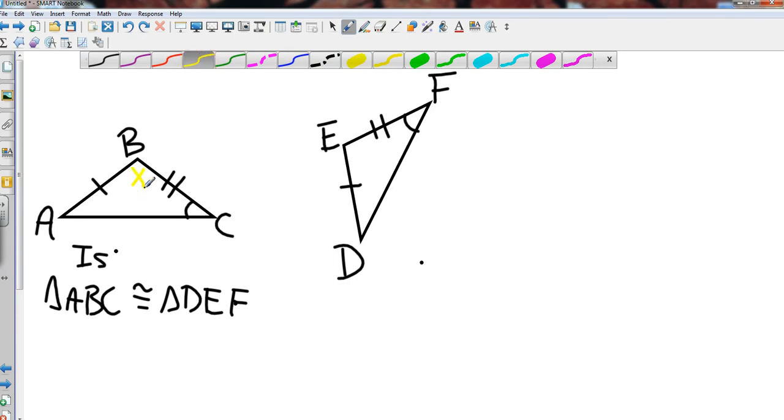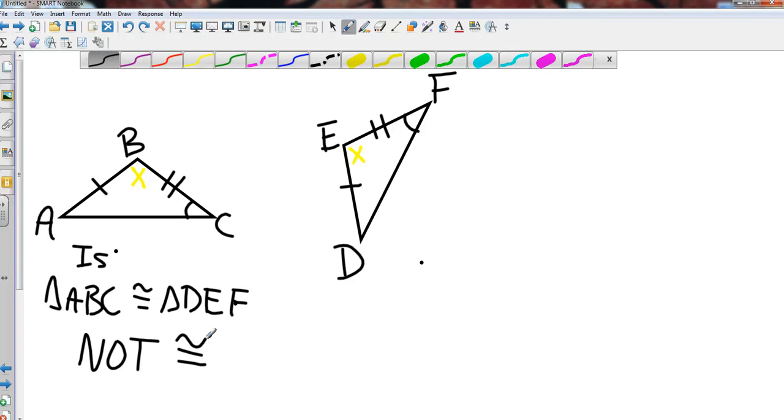I'm going to put just like an X there. If I knew those were congruent, that would be side angle side. Because those angles are not included, these are not congruent, just because of the location of the angles they gave you.